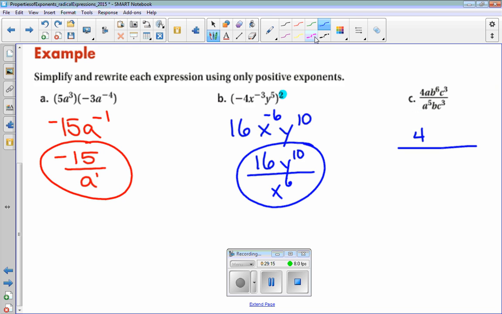How about the A's? Well, they don't all the way cancel because I have 5 in the bottom and only 1 in the top. So 1 minus 5 is -4, so I'm going to put a to the 4th down here. I have 4 more in the denominator than in the numerator. How about the B's? 5 where?